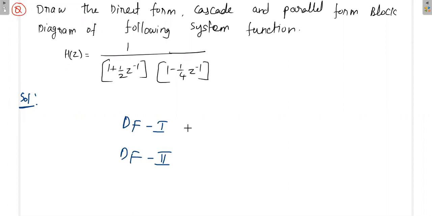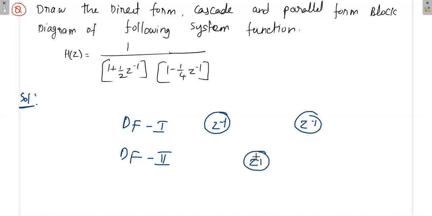In case of direct form 1, we will be using different delay operators, separately on both input and output. In case of direct form 2, we'll be using a common delay operator, common to both input and output.